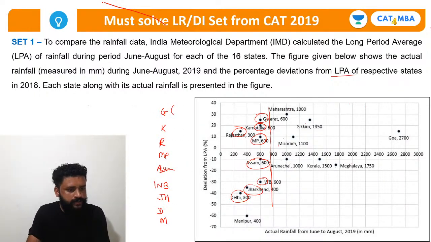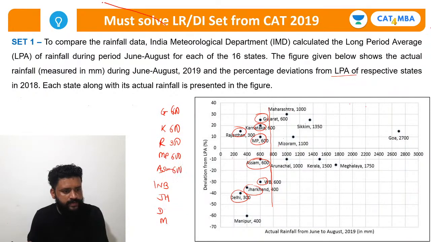So Gujarat is 600. Karnataka is also 600. Rajasthan is 300. MP is 600. Assam is 600. Then we have West Bengal as 600.